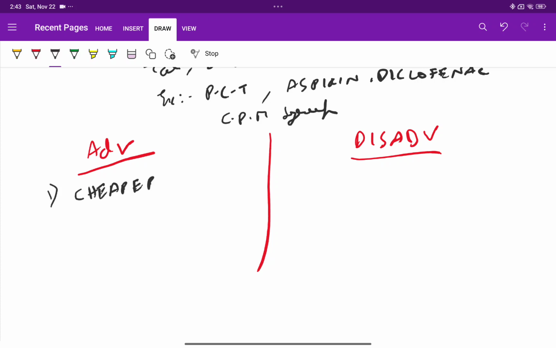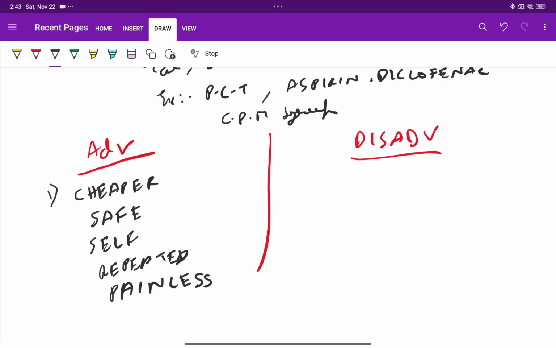Parenteral injectables are a little expensive. It is a cheaper route and it is safe for the patient to self-administer. The patient can self-administer and use it repeatedly. And it is painless. Parenteral injectable forms are more painful and can't be self-administered.